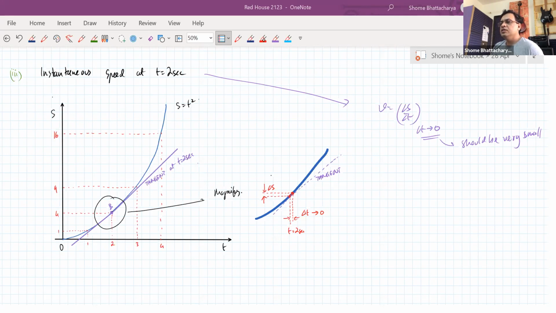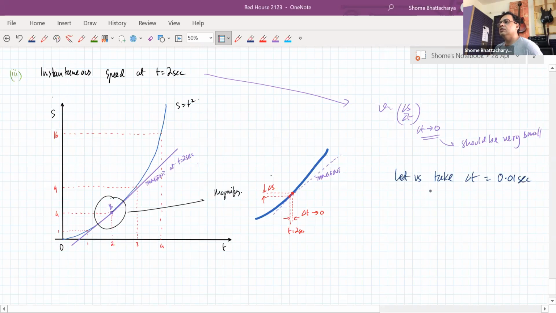Yeah, so Adinath has suggested, let us take delta t equal to 0.01 seconds. Okay. Now, if we do that for this calculation, we should take t1 as 2.00 seconds, and we should take t2 as what? 2.01 seconds.